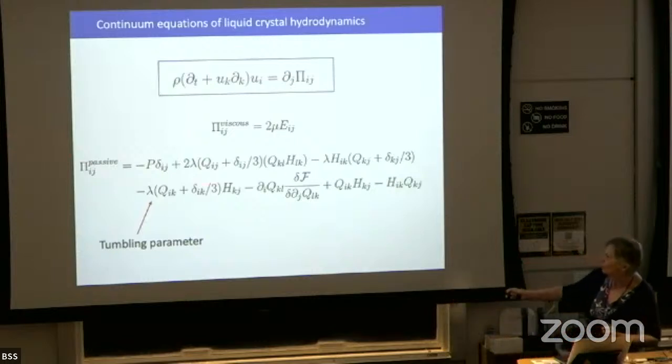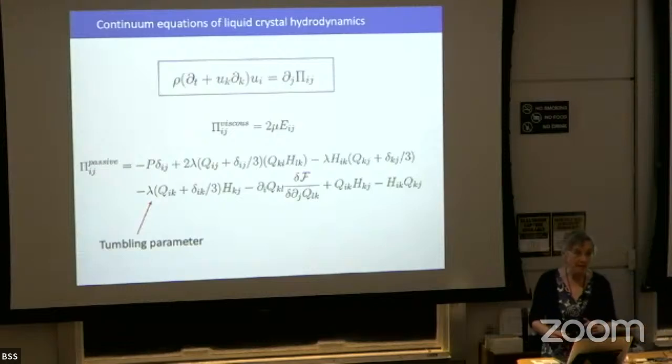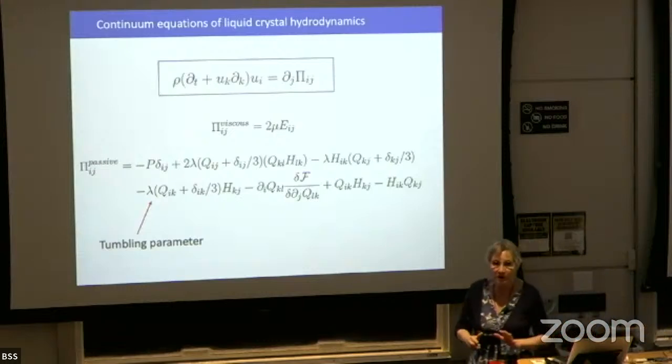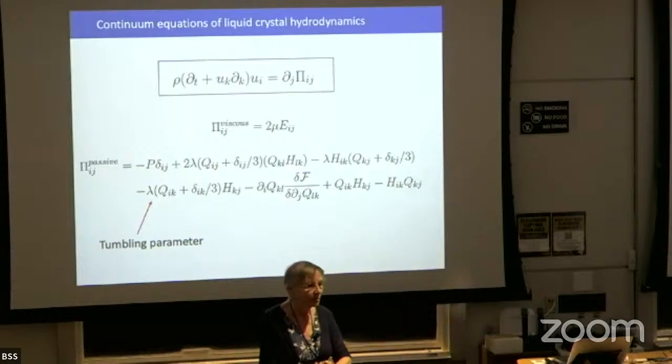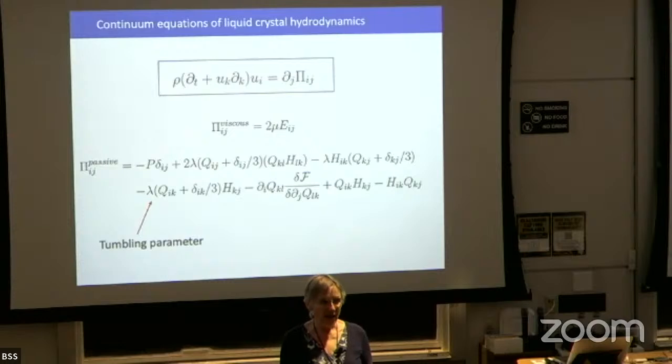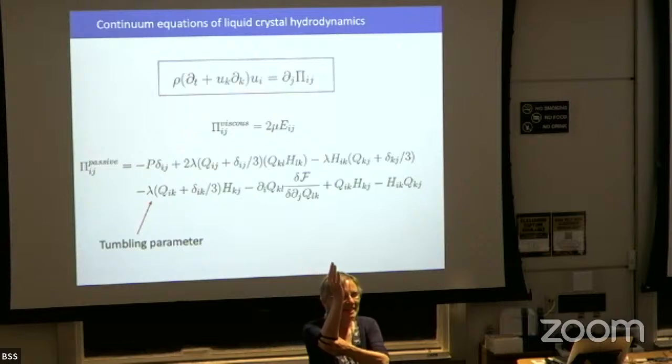Then it's got all these horrible things which couple the free energy and the order parameter. Don't worry about those. Luckily, they don't actually matter much because it's usually a very small effect. But physically, what's going on there is, sorry, it's the other way around.